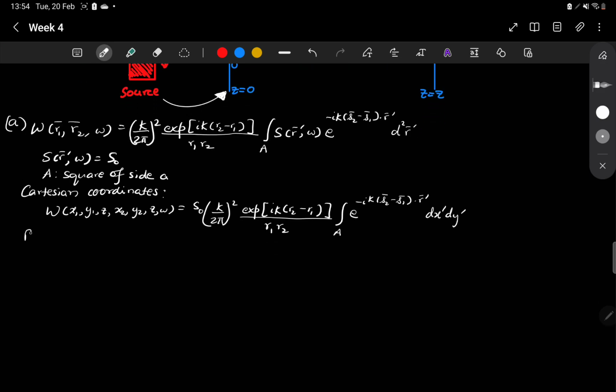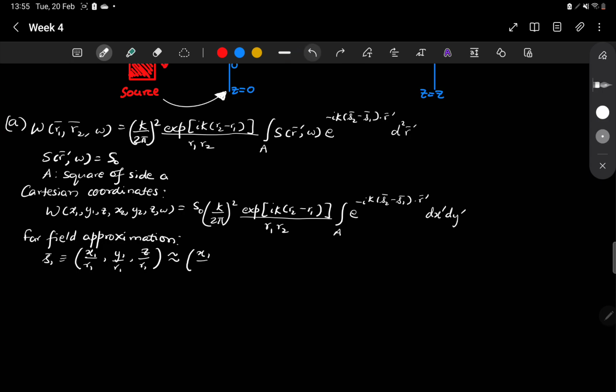Now, under the far field approximation, S1, which is the following in terms of the Cartesian coordinates, under the far field approximation can be written as follows.